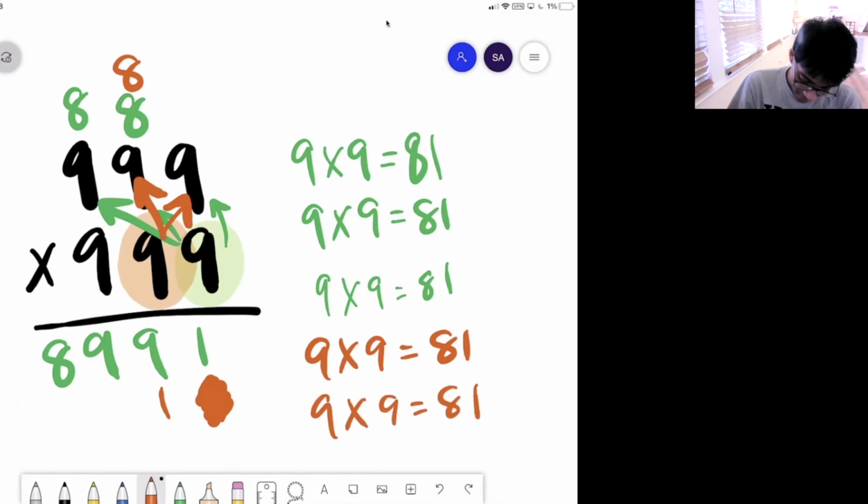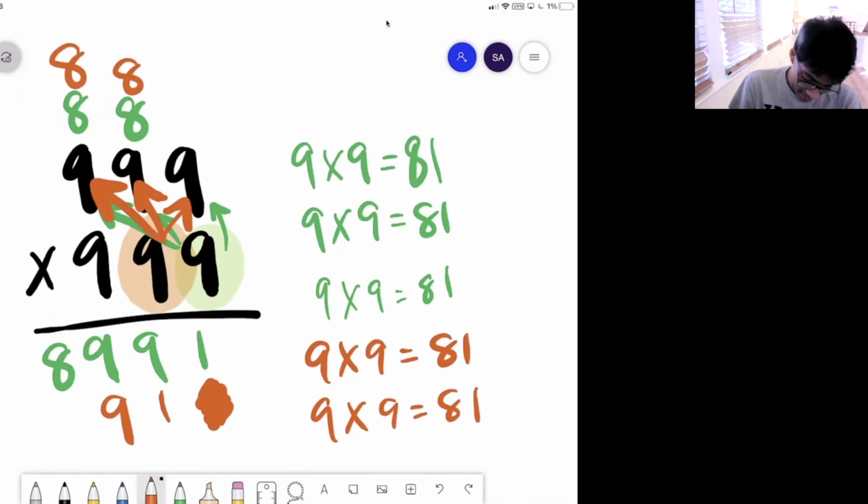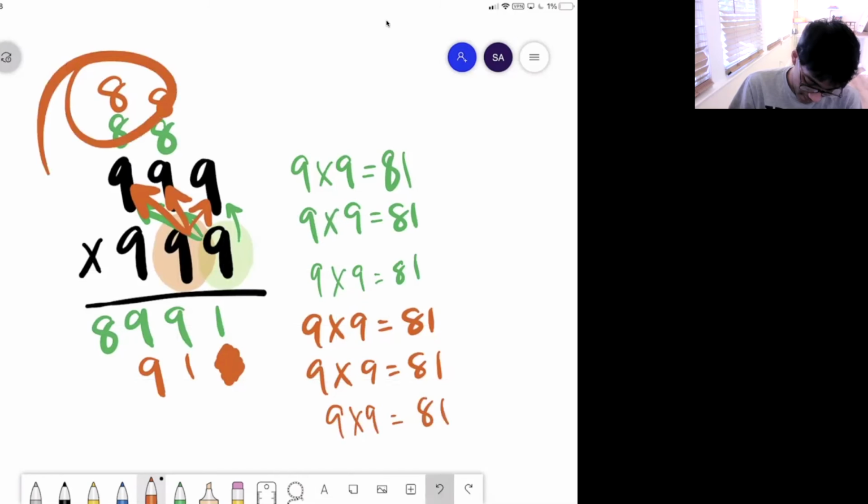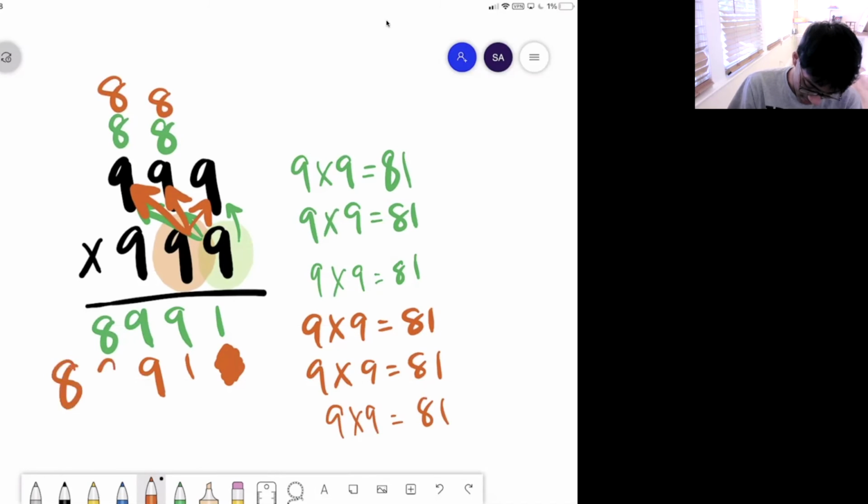So this 81 plus this leftover 8, that's going to give us 89. But don't forget, this 8 is taking up someone else's spot. So we're going to move him up here, and we're going to do 9 times 9. So 9 times 9 again is 81. Add this 8, that's going to give us 89.